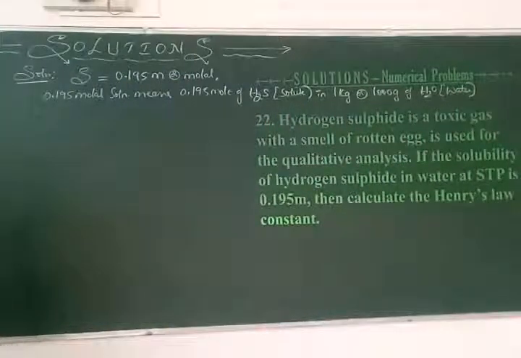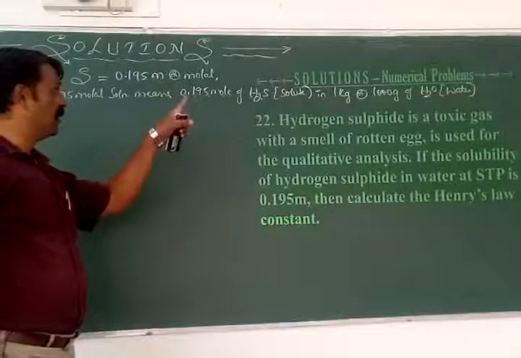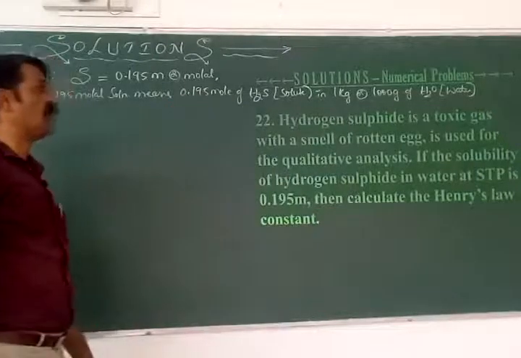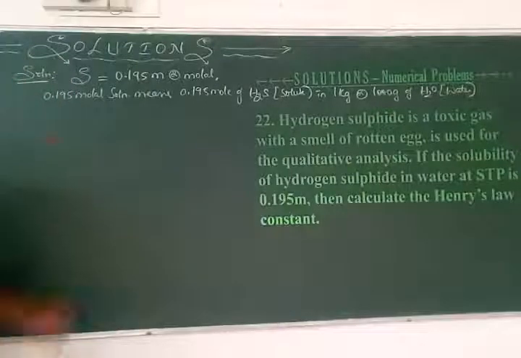How many moles here? 0.195 moles of solute. Which is the solute here? Hydrogen sulfide, and it is dissolved in how many grams of solvent? It is 1000 grams of solvent.